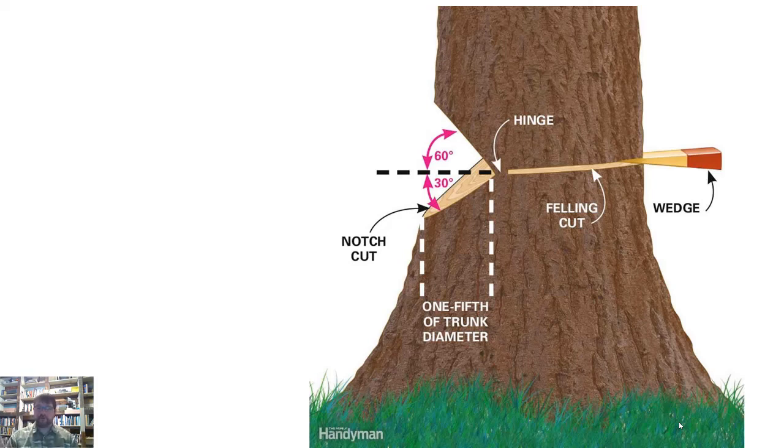Because of the tension on branches, when you're debranching a tree that is down, you'll have branches that are holding the weight of that tree. So sometimes it's necessary to use a pulling and pushing cut on that branch. You just want to offset them. You don't want to cut them at the exact same spot. Otherwise, it'll pinch your saw blade.